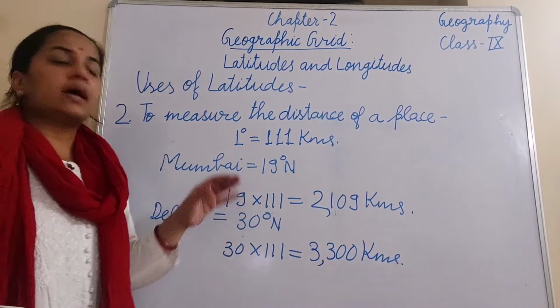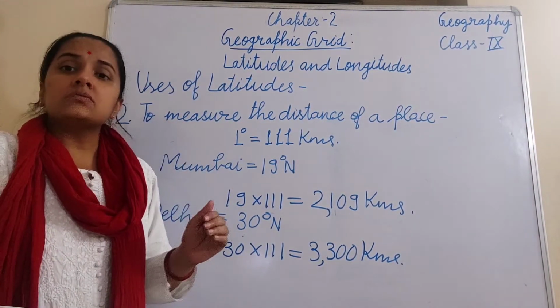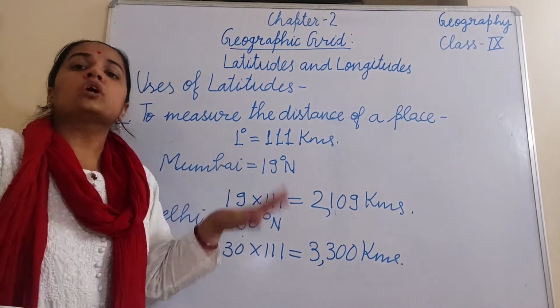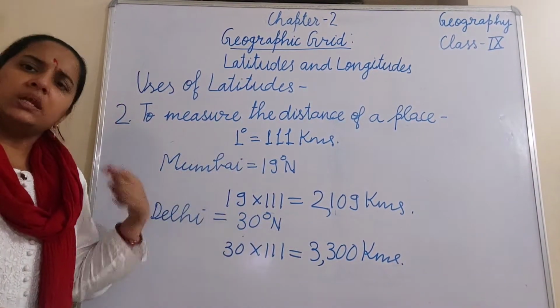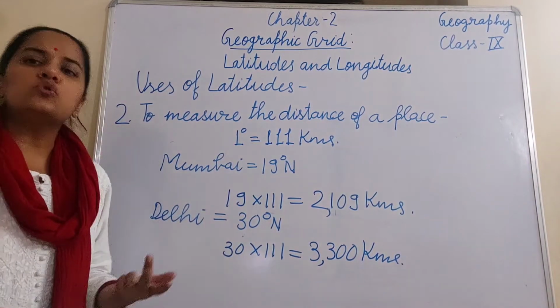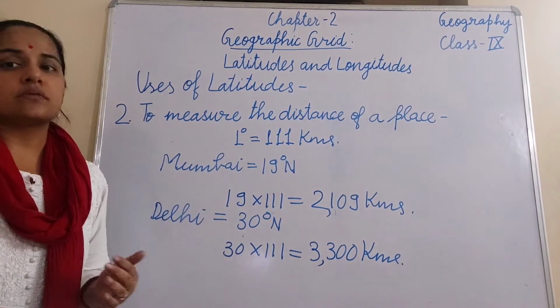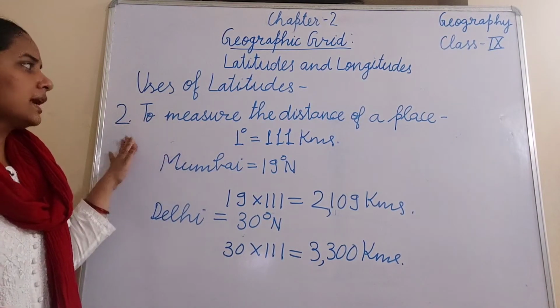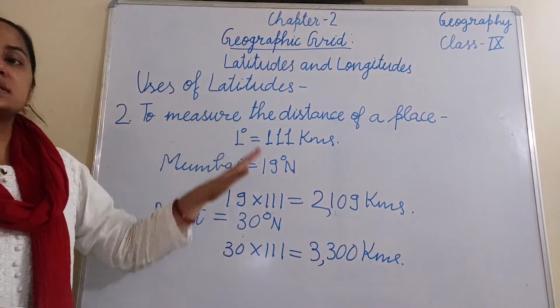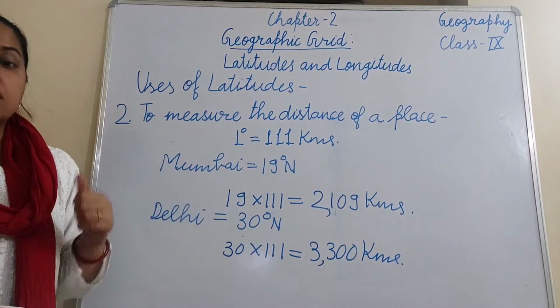It's not necessary to find the distance of a place with respect to the equator only. We can also find the distance between any 2 places on the surface of the Earth. So these lines of latitudes help to measure the distance of a place.